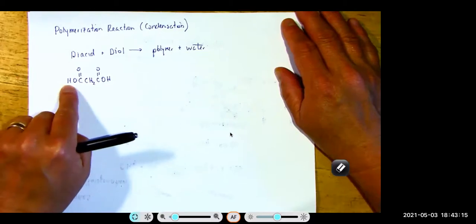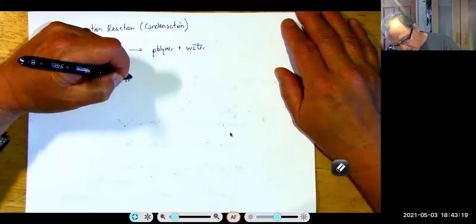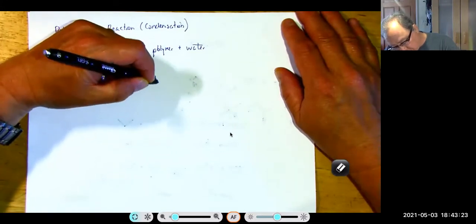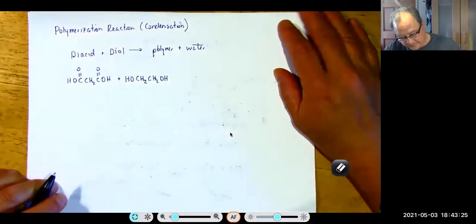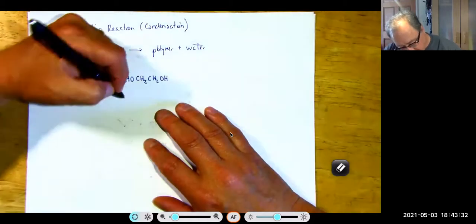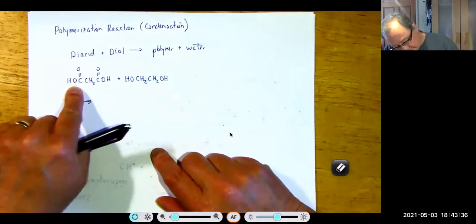Exactly, okay. Diacid. So here's my very simple diol. I'm going to put CH2CH2. Now, I'm going to put my arrow down here, and I'm going to start with this guy here, okay? Okay.